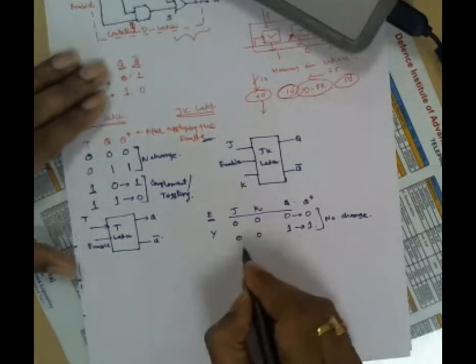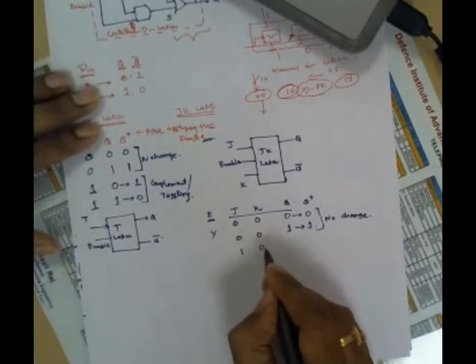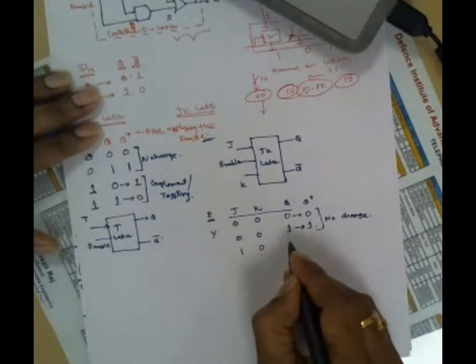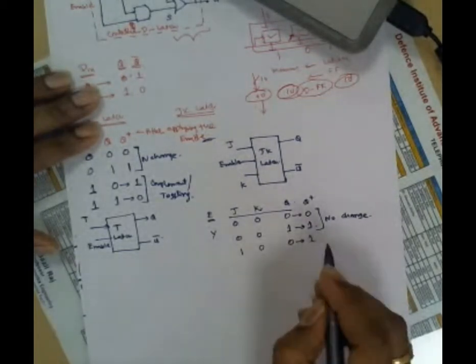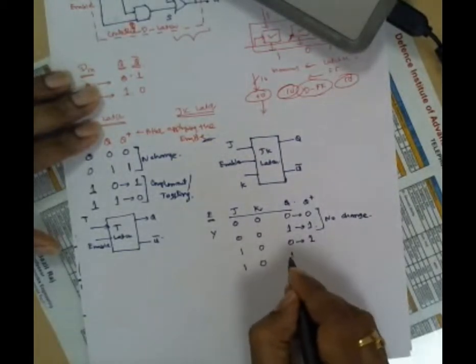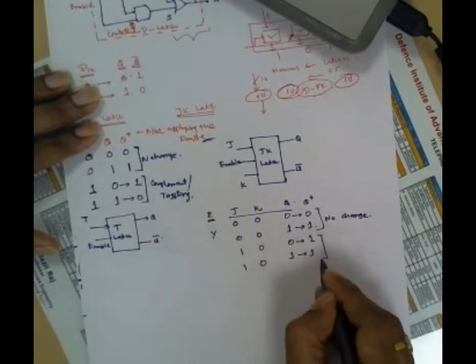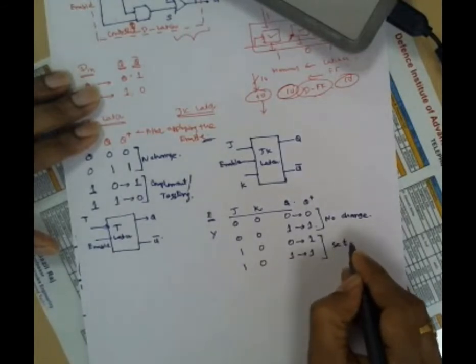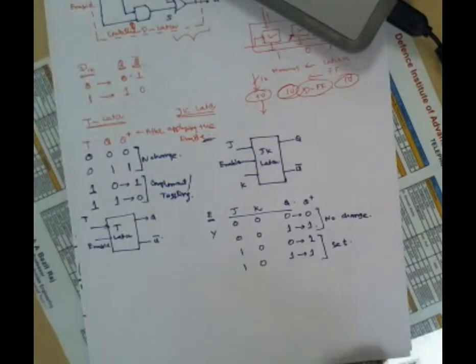If Q is 0, after applying the enable, the next output also will be 0. That means enable does not do anything, like the SR latch. Then, if J and K are 1, 0, a 0 becomes 1, and a 1 stays 1. That means the set condition. As long as J is 1 and K is 0, the circuit goes to the set condition.